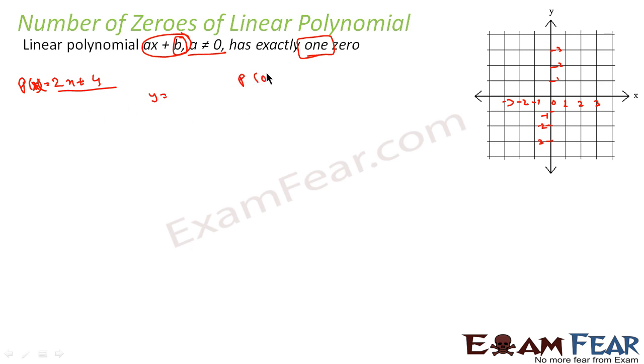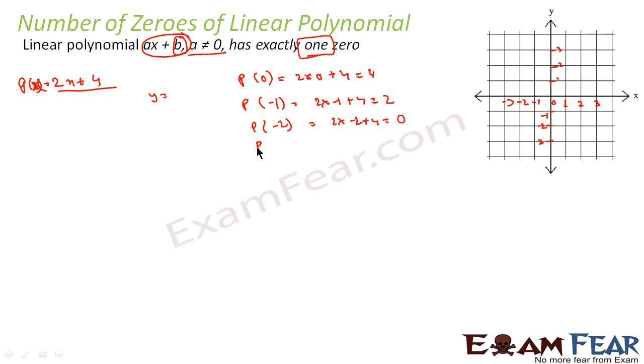For example, P(0) will be nothing but 2 into 0 plus 4, that is 4. P of minus 1 is 2 into minus 1 plus 4, that is 2. P of minus 2 will be 2 into minus 2 plus 4, that is 0.